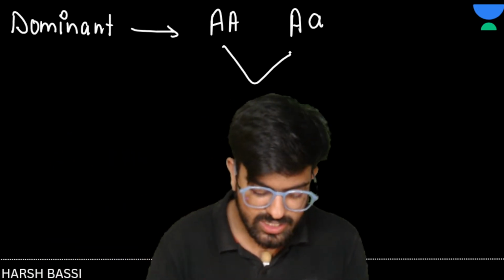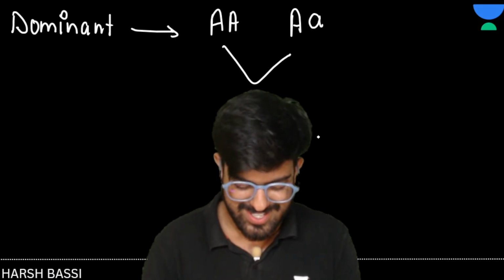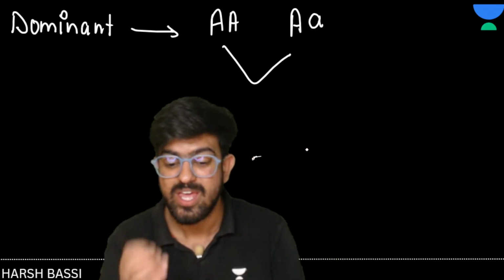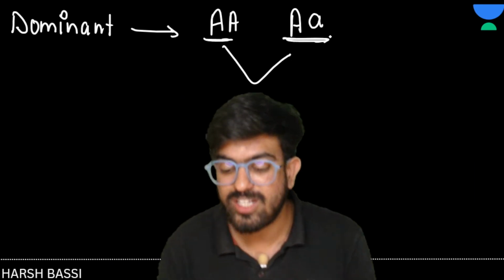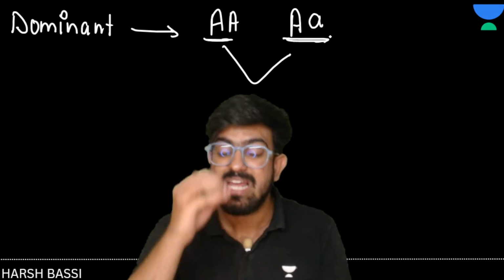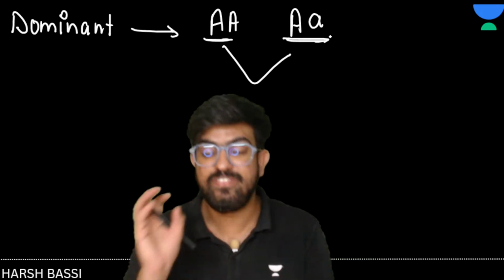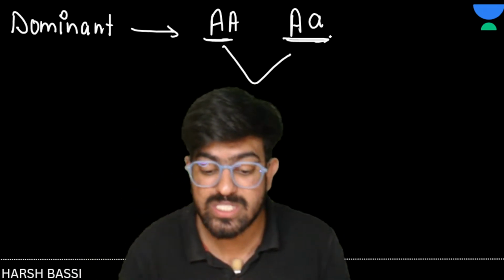I gave you a very good hint. In dominant, whether this condition or this condition, disease will be there. That means almost everywhere the disease will be there. That means no skipping.